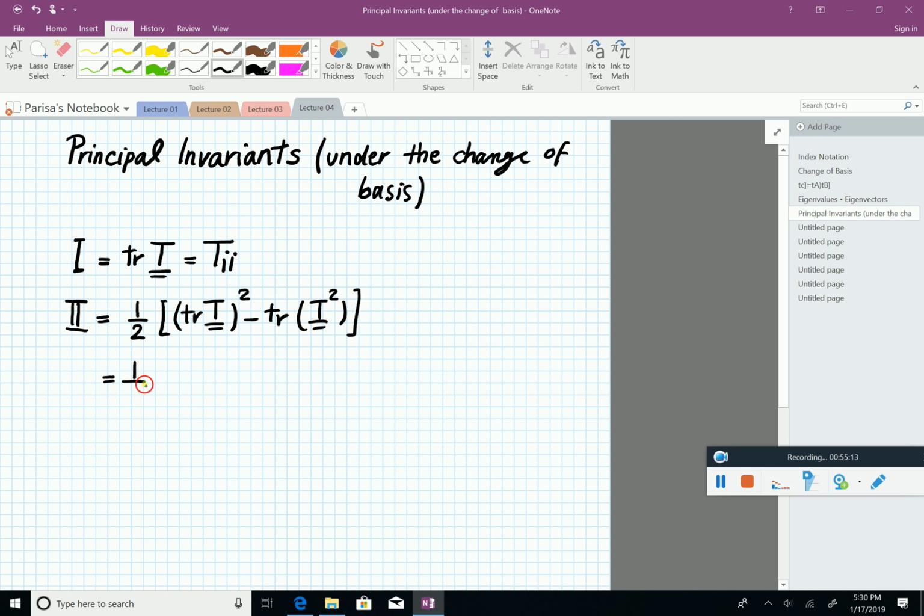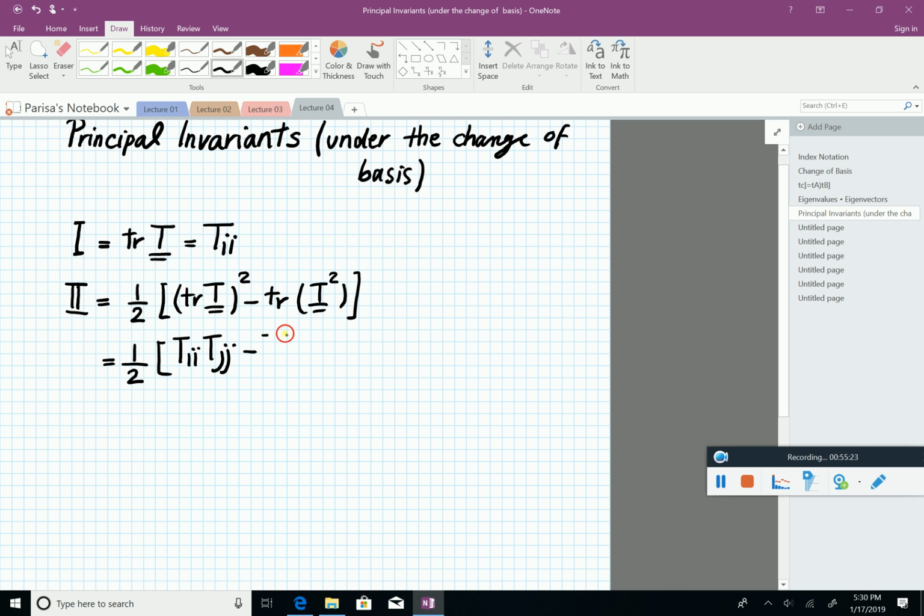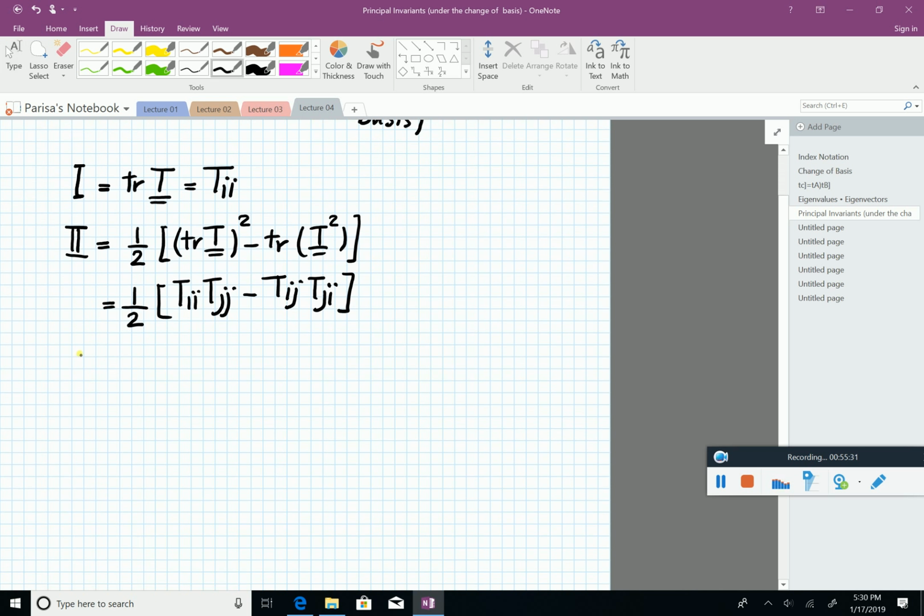And in tensor notation, and the last one is the determinant.